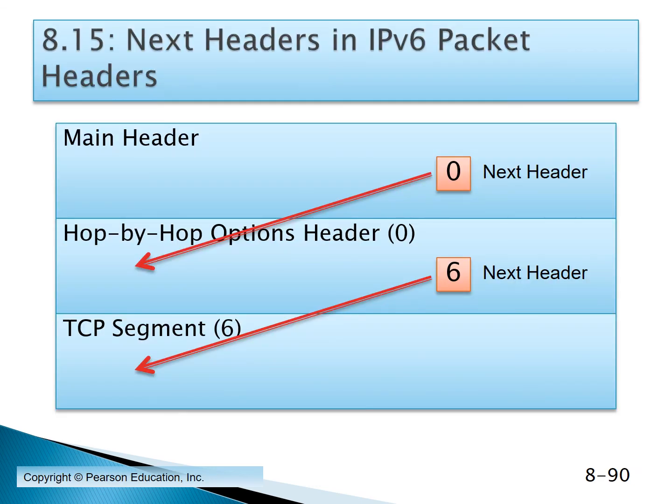So you may have something like this: your main header, then the hop by hop options header, which you specify here, then you further specify that the next header is the TCP segment header. You have this number to specify what header it is, then you jump to the next header.